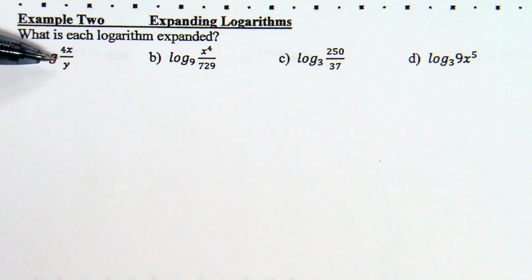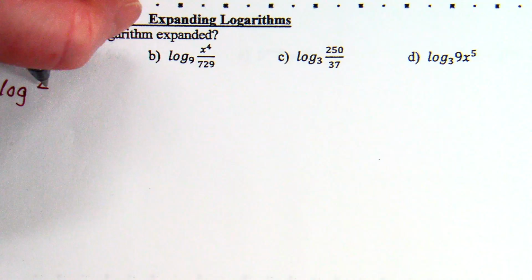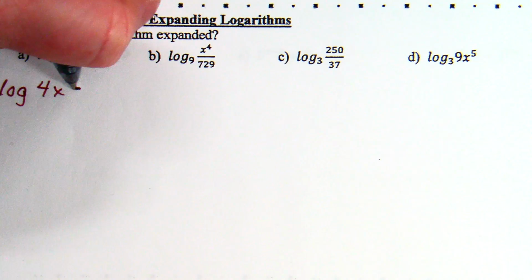Our fraction bar represents division, and so this is our quotient problem. So I can take log of 4x over y and split it into 2 logs. Log of 4x, what's my sign here? Minus log of y.